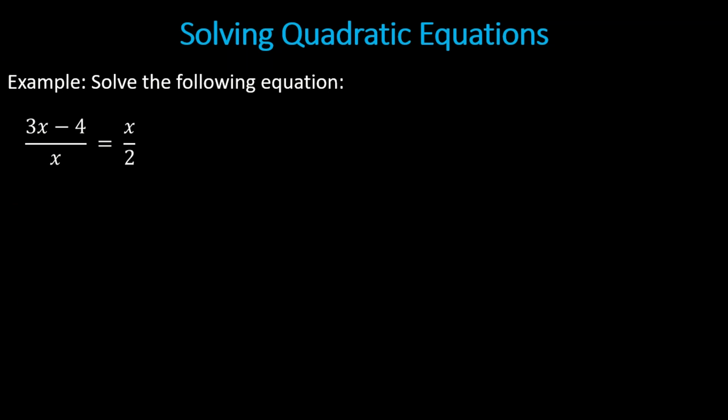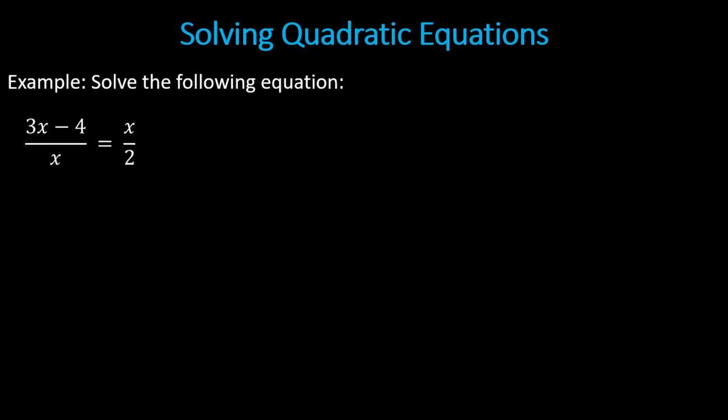here we are given 3x minus 4 over x equal to x over 2. Again, we have only one fraction on the left, only one fraction on the right, so we can use cross multiplication, right?